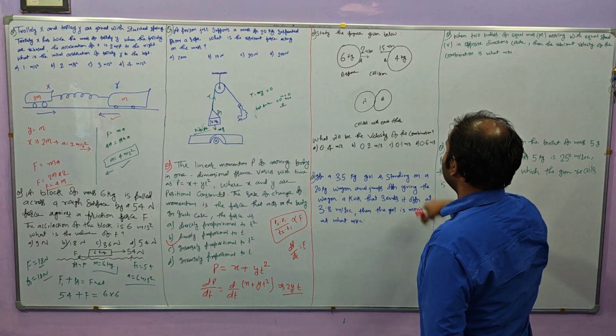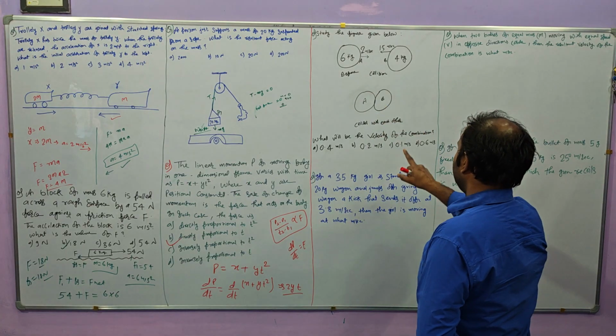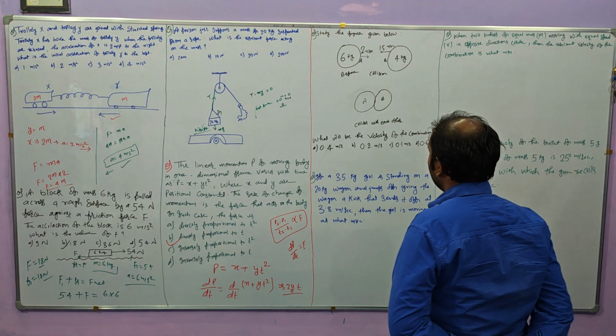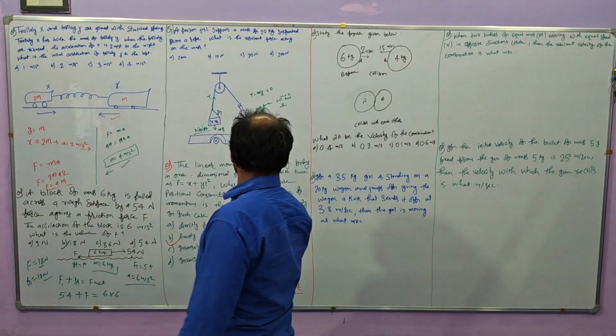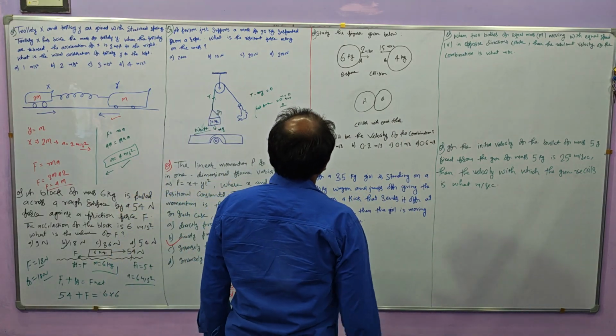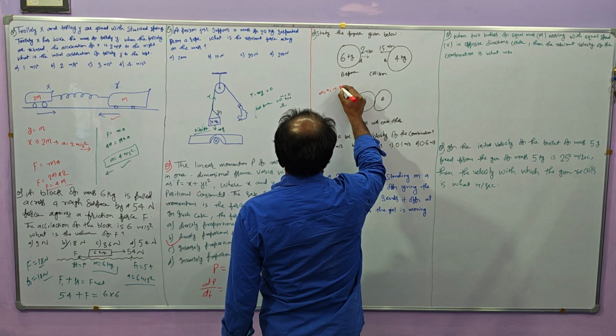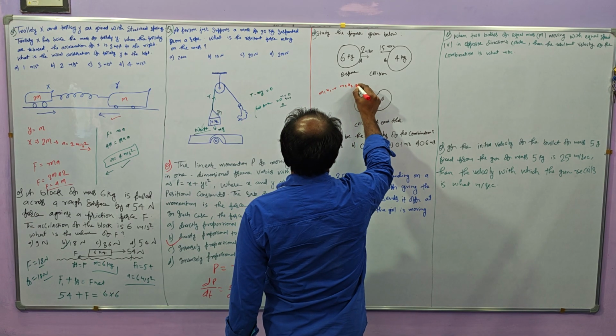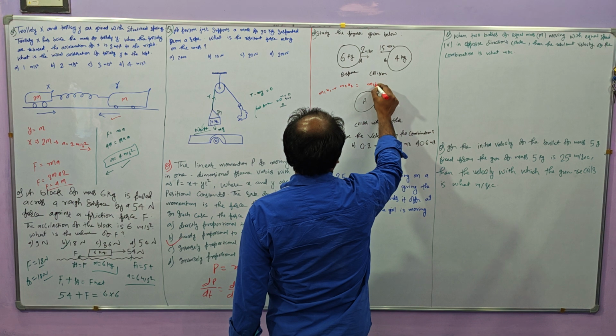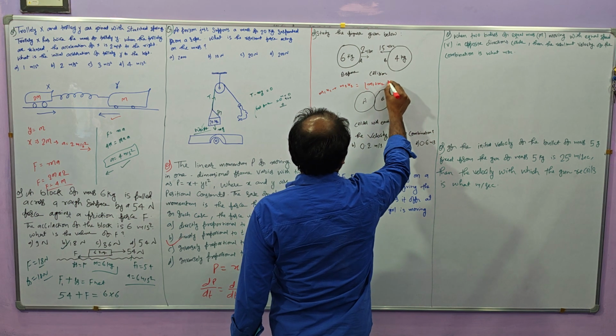When they collide with each other, what will be the velocity of the combination? Then we know m1 u1 plus m2 u2 is equal to m1 plus m2 into v.